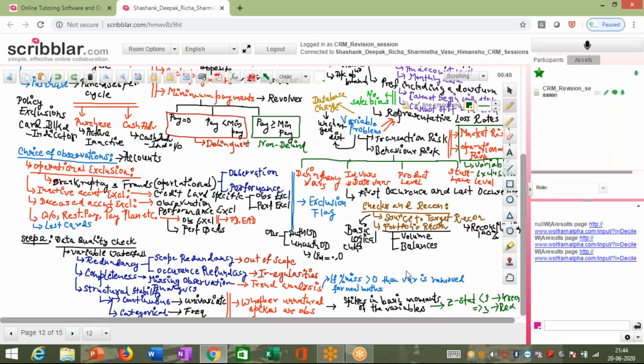After this univariate analysis is done, a similar exercise is also done for the categorical variables. For a categorical variable, if there is a spike in the frequency distribution, we would say, look, there is a spike in this distribution.